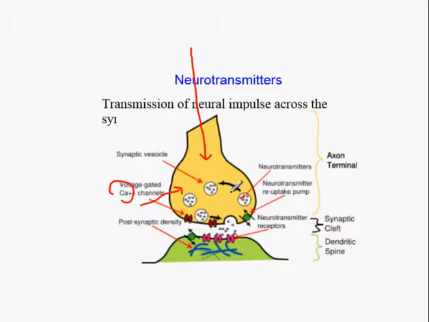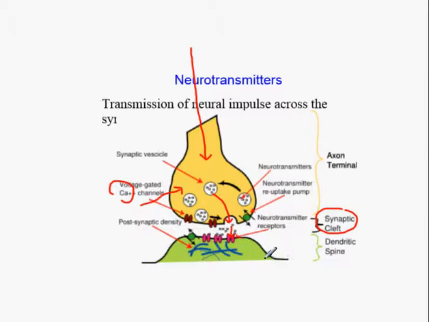The inside here is actually filled up with neurotransmitters, which are special chemicals. Those chemicals then fuse with the membrane, and enter into this synaptic area, or the synaptic cleft. They diffuse very slowly across here and make contact with receptors here.